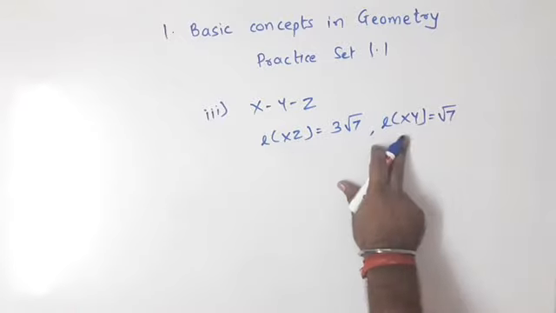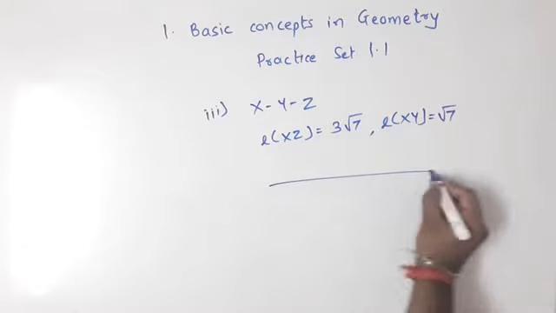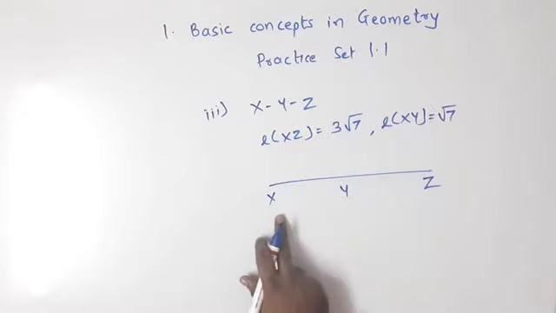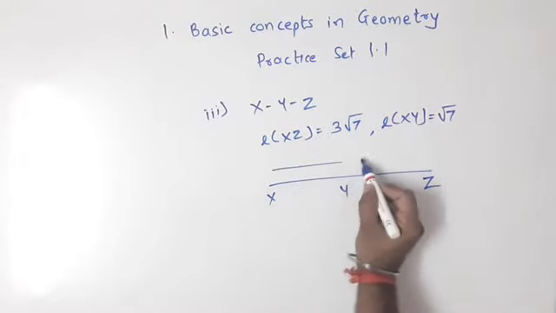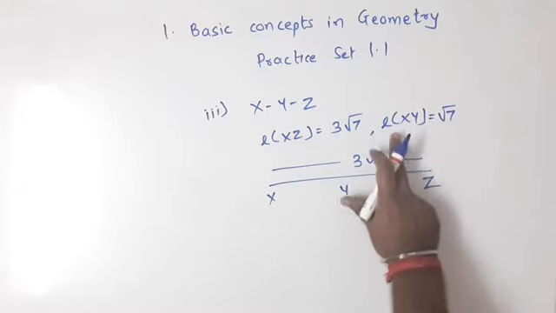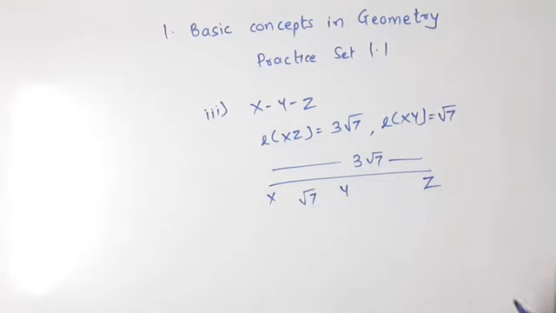Like here, XZ and XY is given, and X dash Y dash Z is given. So it will be easier if we draw. XZ means the bigger one is 3 root 7, and the smaller one XY is root 7.